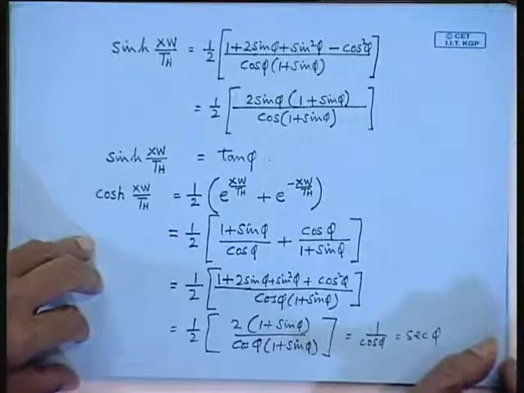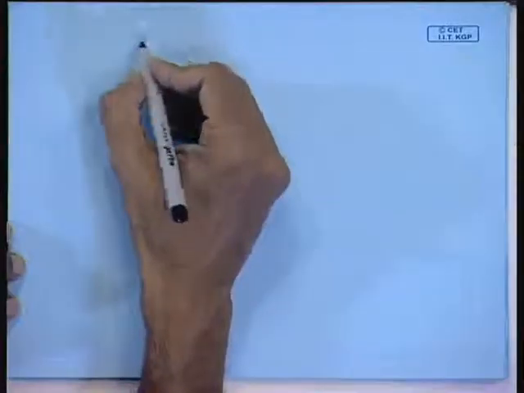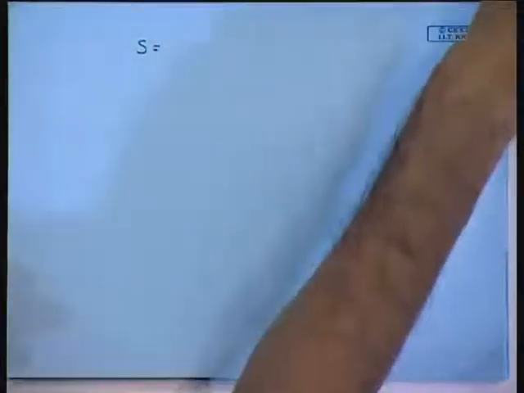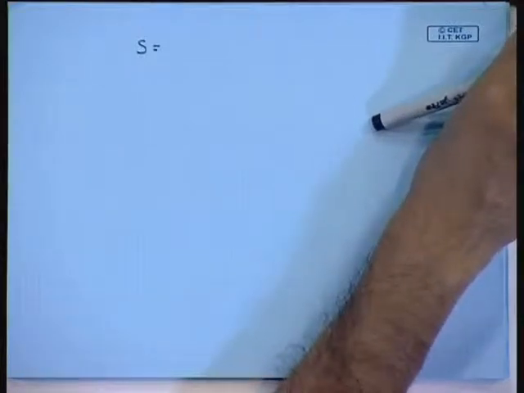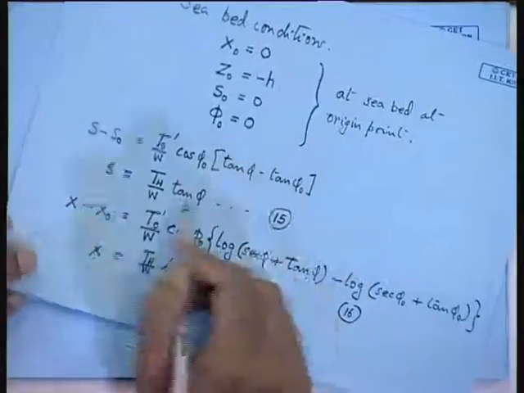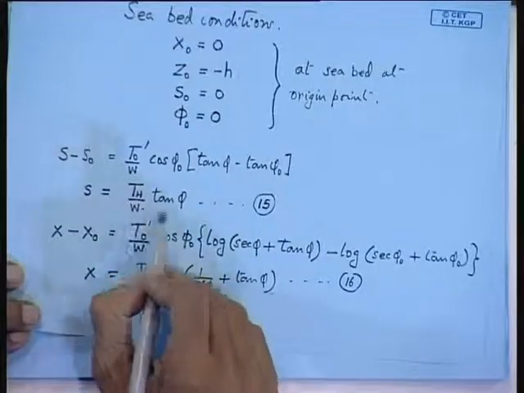Now from this equation, what is the expression for S? Chain length. You look at your previous equations. TH by W tan phi. So S we have started out with, after simplification, this becomes, this is at seabed condition.